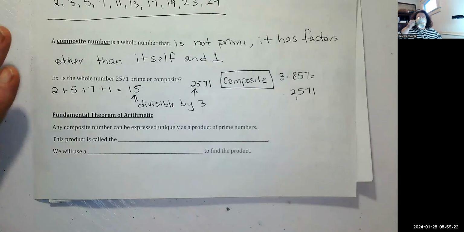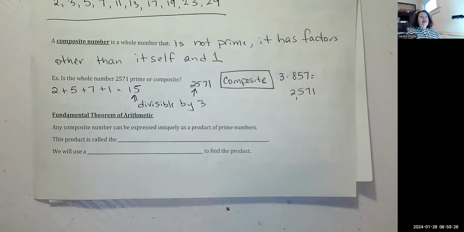All right, fundamental theorem of arithmetic. Any composite number, it can't be prime, can be expressed uniquely as a product of prime numbers. So a bunch of prime numbers multiplied together will provide you a composite number. Right?